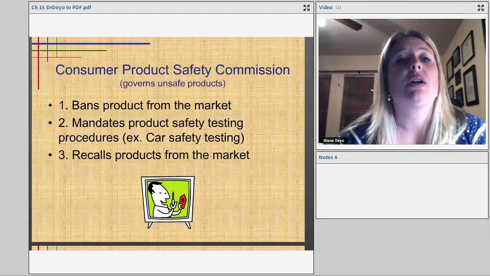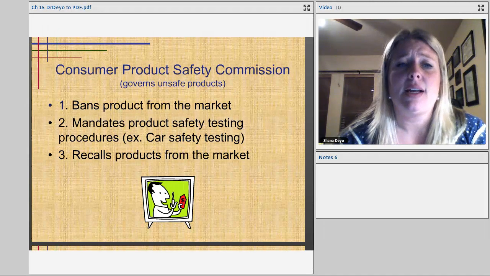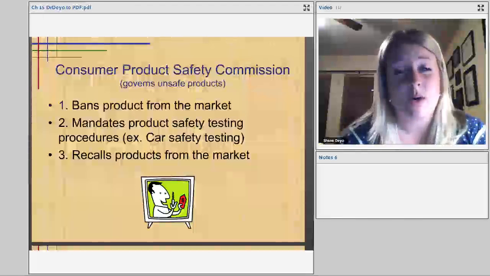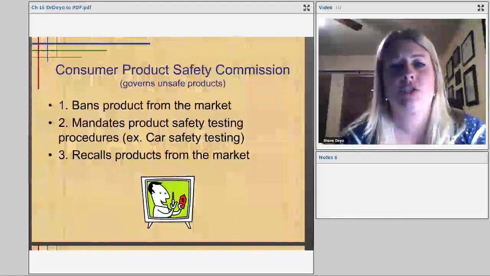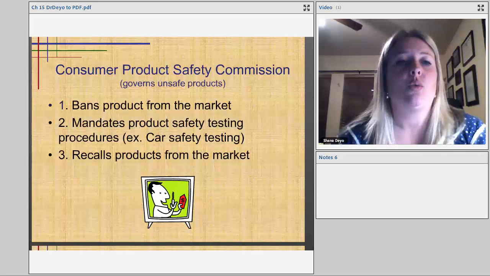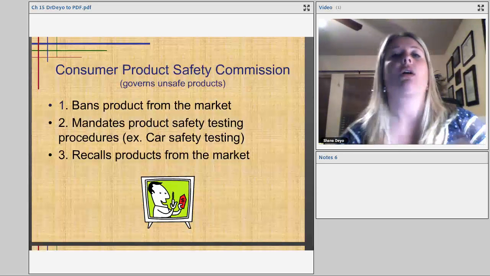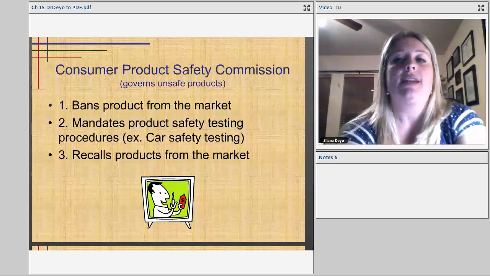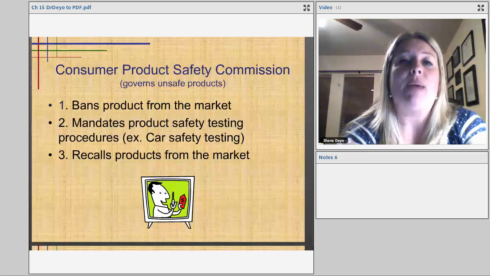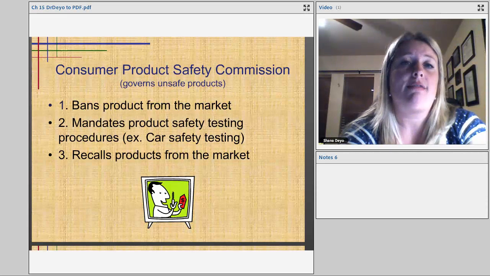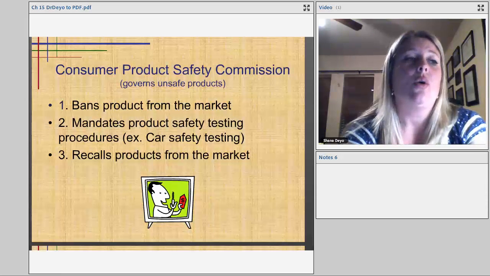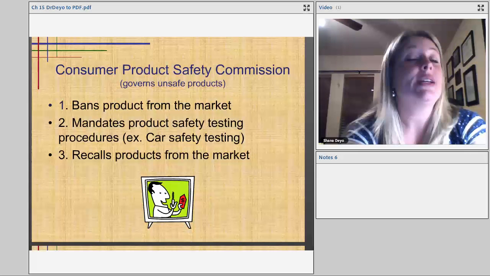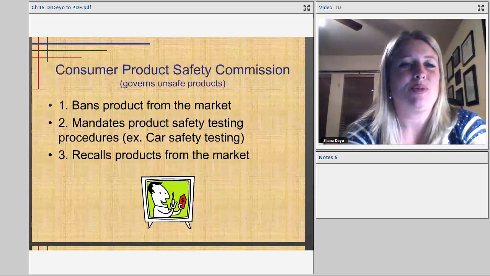The Consumer Product Safety Commission, I added this slide in because there is a quiz question on the Consumer Product Safety Commission, and really you just need to know what the three things are that they do. They govern unsafe products. They ban products from the market when they find products that are either unreasonably dangerous or are being unreasonably advertised, which we'll talk about more in a minute.